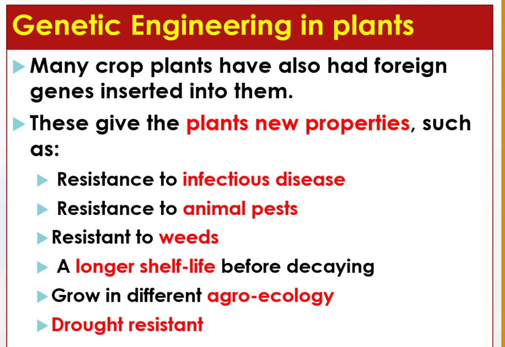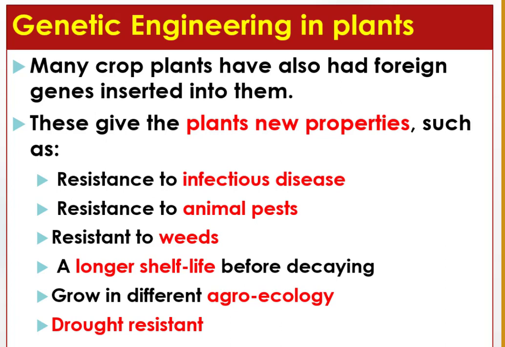Many crop plants have also had foreign genes inserted into them for different purposes or reasons. The main reason is that inserting foreign genes into plants is mostly intended to produce new properties.